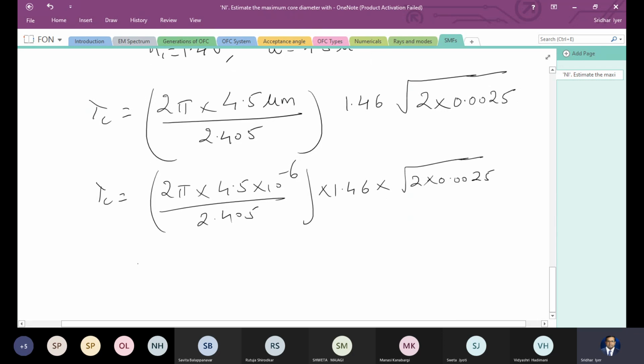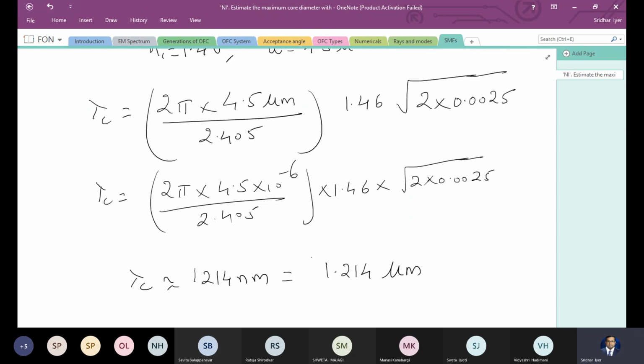If we calculate this, I'll write an approximate value because we have pi. You get 1214 nanometer, that is 10 raised to minus 9, which we can write as 1.214 micrometer. This is the approximate value of the cutoff wavelength.